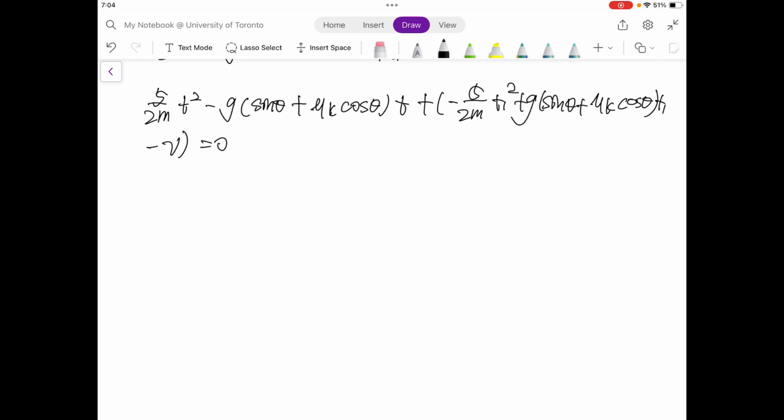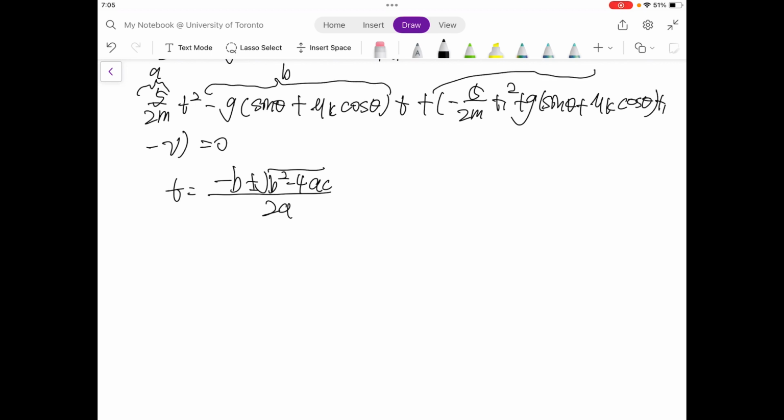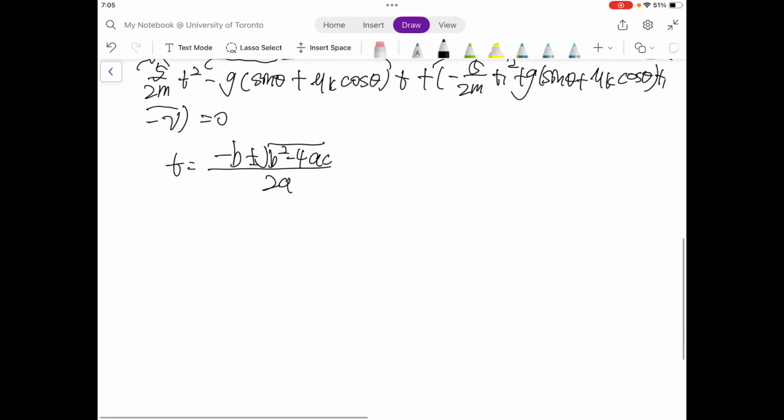So we have t is equal to negative b plus or minus the square root of b² minus 4ac, over 2a. We have this part as a, this part to be b, and this part to be c. After we solve this equation, we have t is equal to 10.8 seconds.